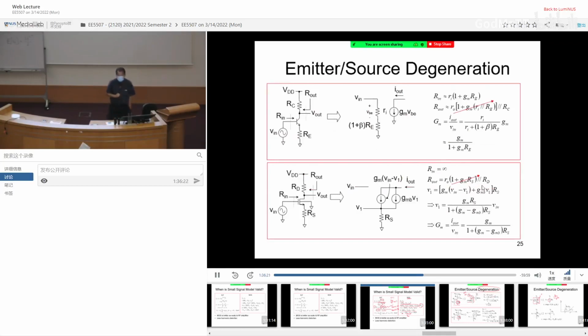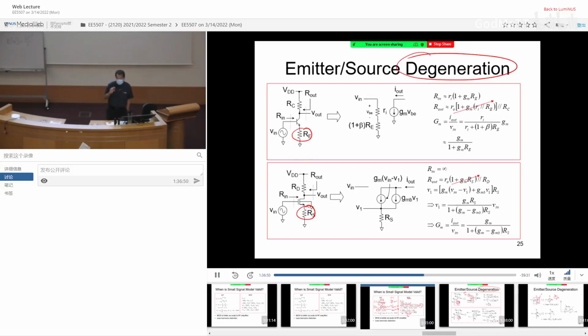Now, knowing the signal range, it brings us to another slight variation of the amplifier. We call it degeneration. Emitter and source degeneration. Now, the structure looks very similar. You just insert a resistor at the source terminal or the emitter terminal of the transistor. So we call this guy common emitter with degeneration or common source with degeneration.